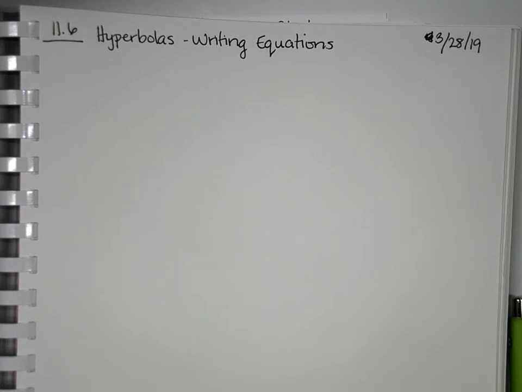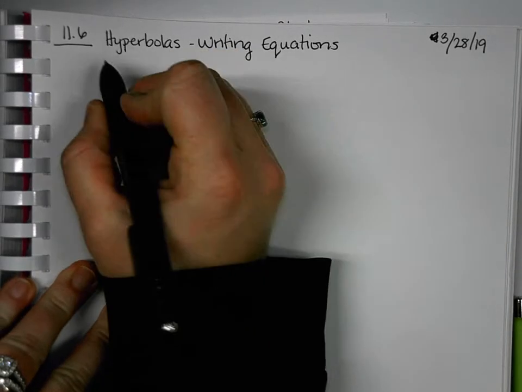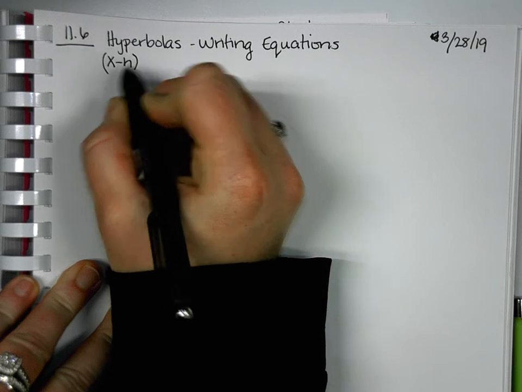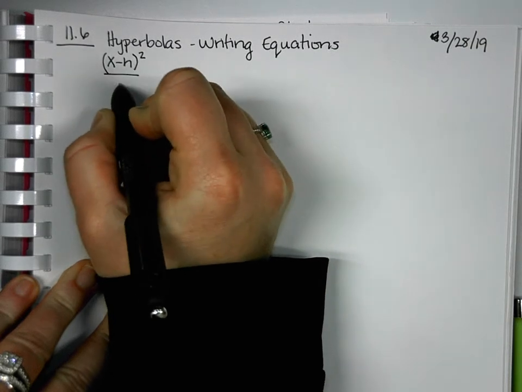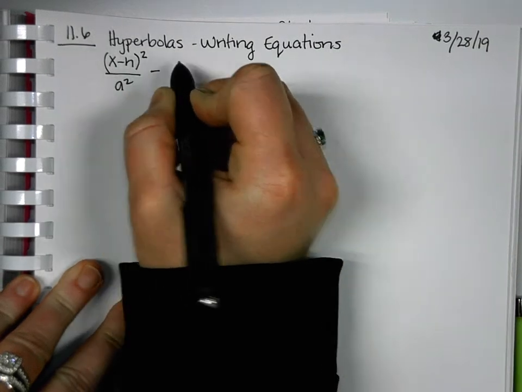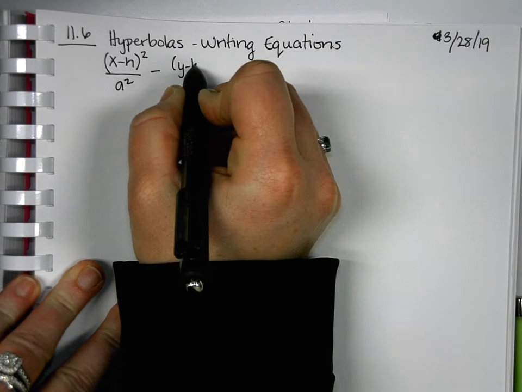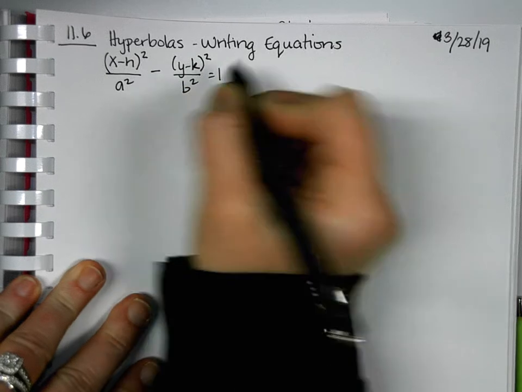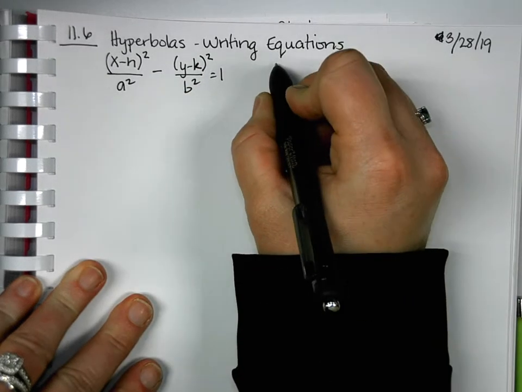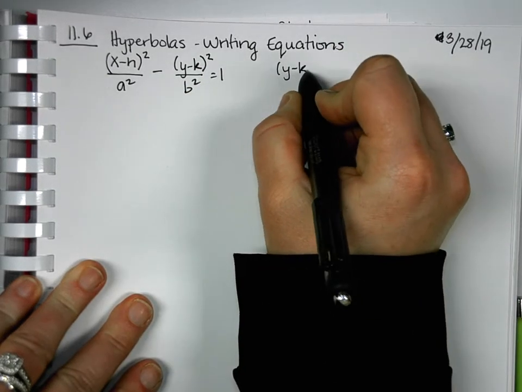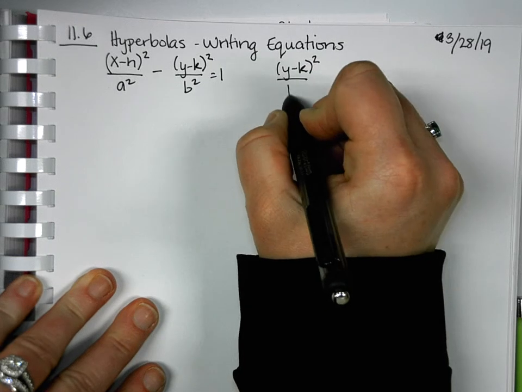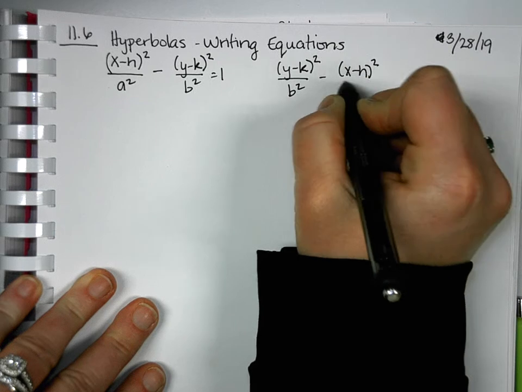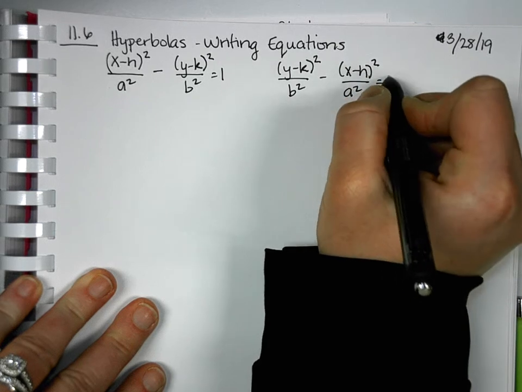So just a reminder, our general form of a hyperbola is either x minus h squared over a squared minus y minus k squared over b squared equals 1, or y minus k squared over b squared minus x minus h squared over a squared equals 1.